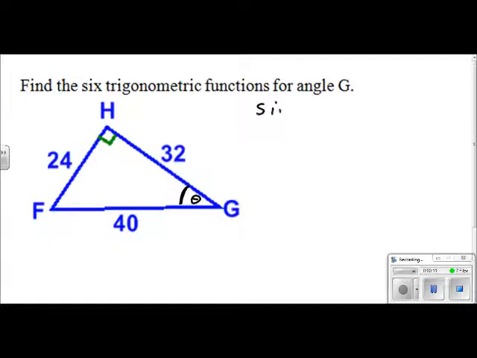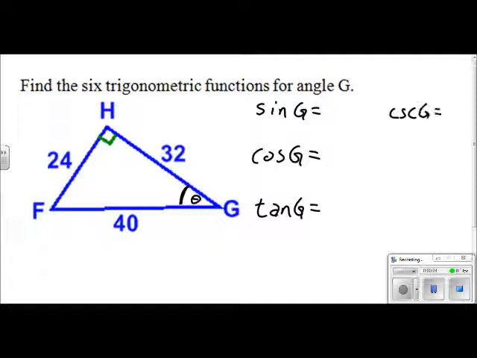We would want the sine of G, the cosine of G, the tangent of G, the cosecant of G, the secant of G, and the cotangent of G. Well, remember, sine of G is going to be its opposite over the hypotenuse. So it looks like this is our hypotenuse. If G is over here, the opposite one is going to be over here. And adjacent is the one that lies right next to it, so our adjacent is going to be this one here.